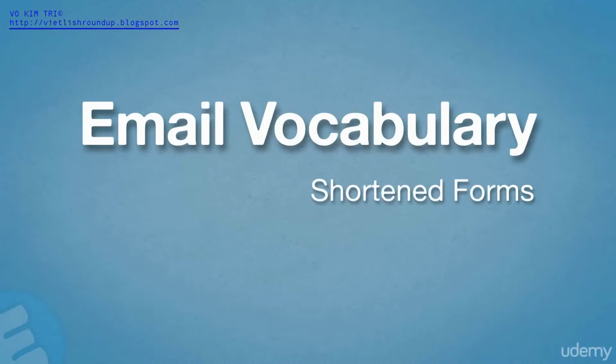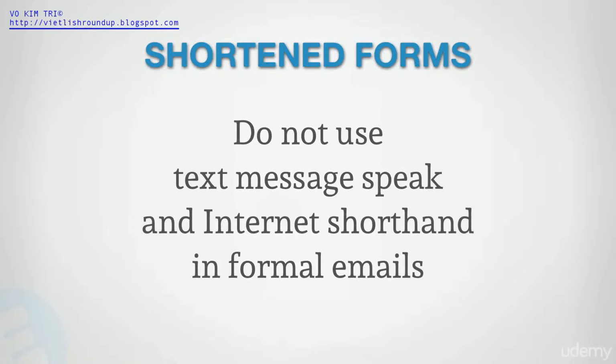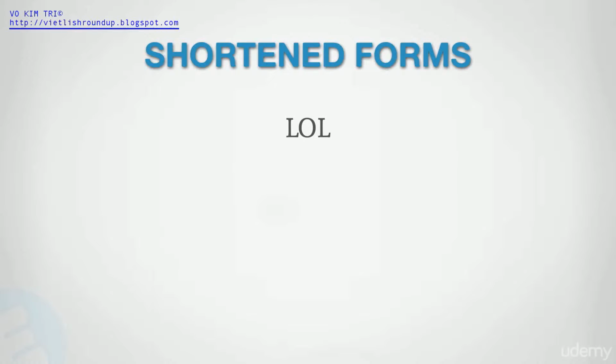Now let's go over what may seem like some obvious pieces of advice. The first one is, do not use text message speak and internet shorthand in formal emails. Laughing out loud, I don't know, are you, to be, at, please, later, in my humble opinion, as far as I know, by the way, for your information, for what it's worth, point of view, and so on.